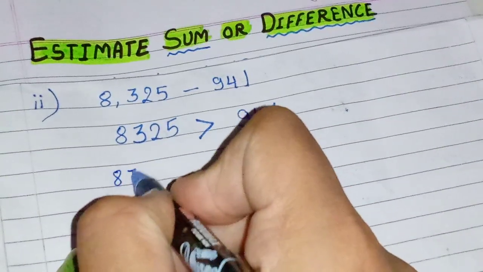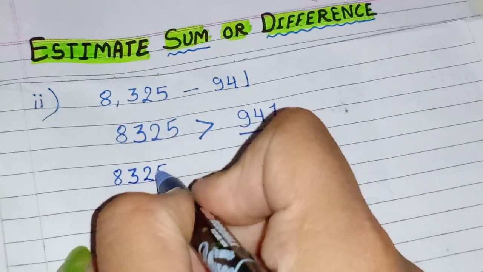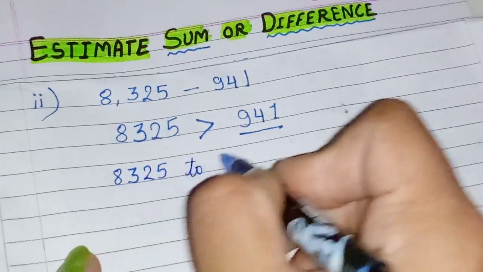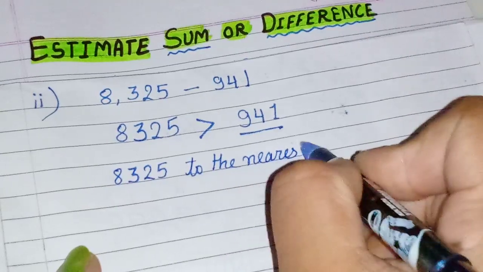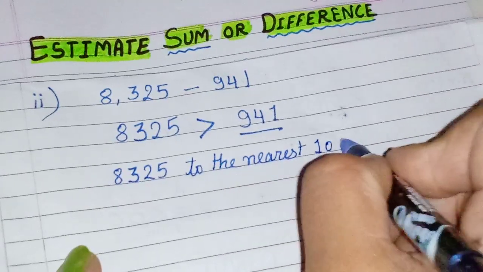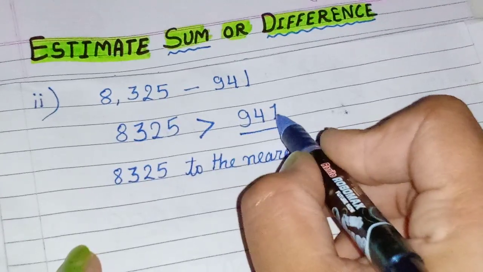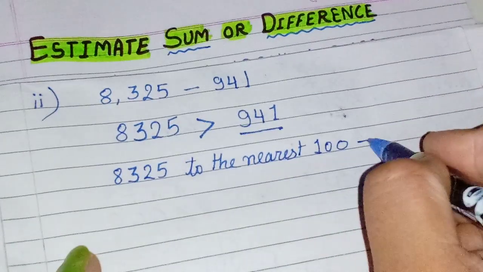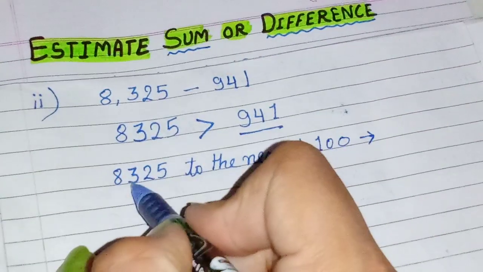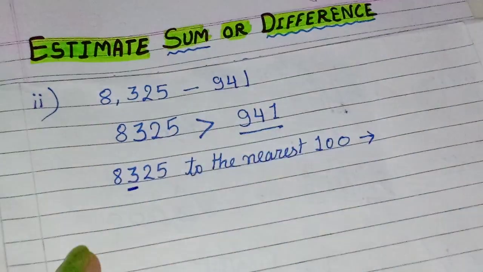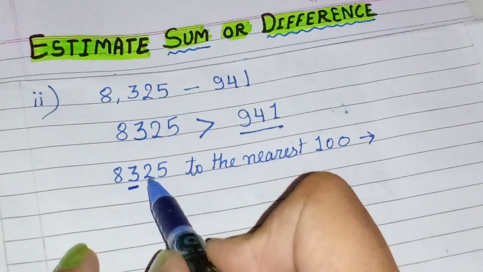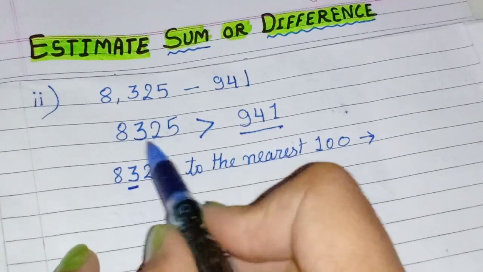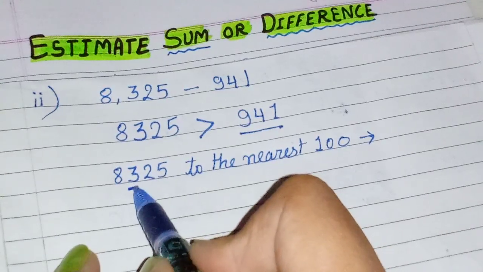So when we estimate our first number to the nearest 100, as this smaller number is up to ones, tens, hundreds place, what will we get? We will underline the number at hundreds place. The next number to it is 2, which is less than 5. So we don't need to do anything in this underlined number.